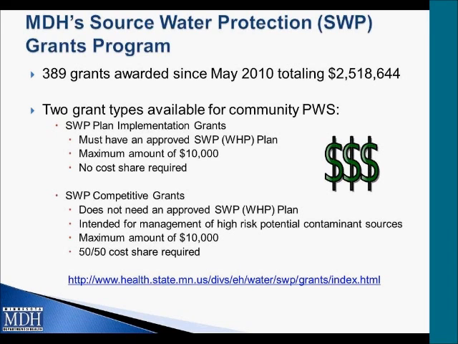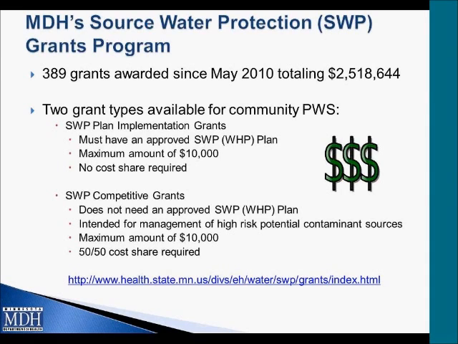And when management of a high-risk potential contaminant source is called for, this can be an avenue of resources for the public water supplier. So this might potentially be for a project that was not identified in a plan, but again is a source water protection activity. Again, the maximum amount is $10,000, and in this case, a 50-50 cost share is required.